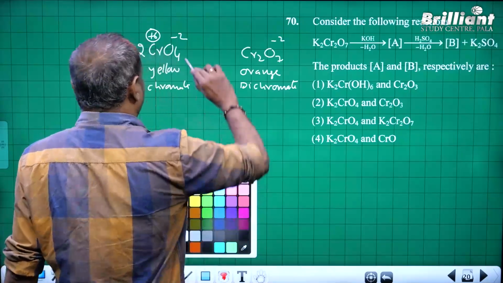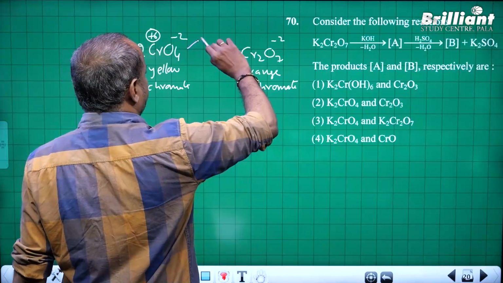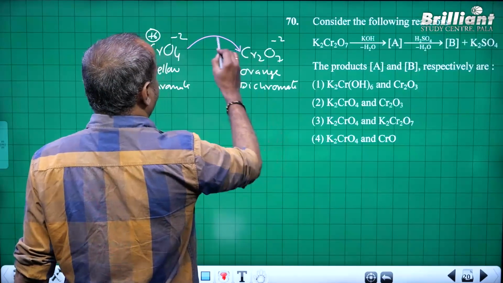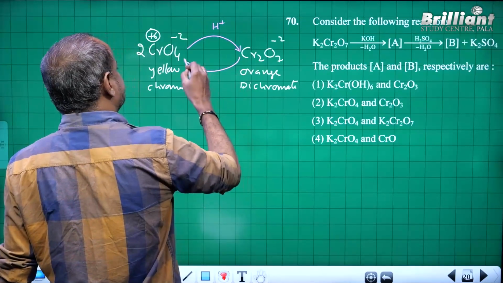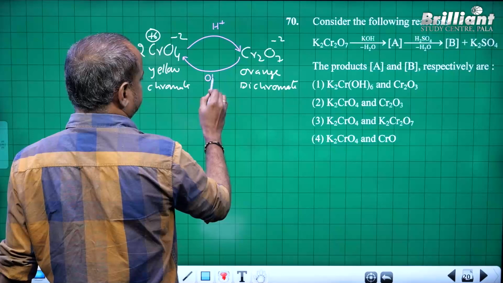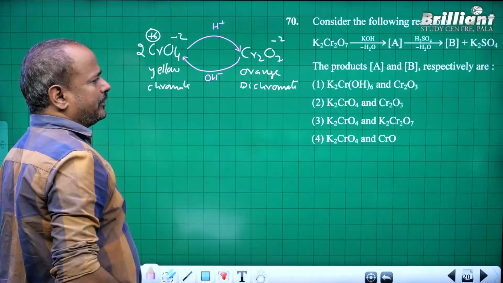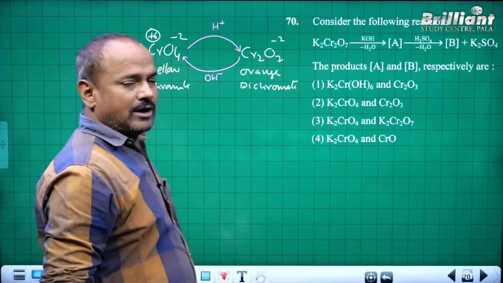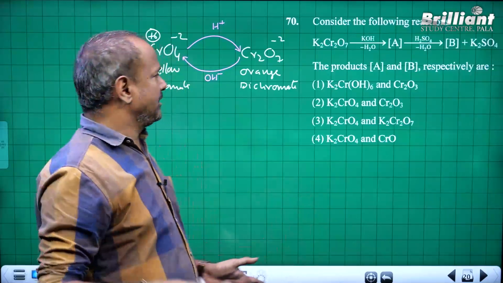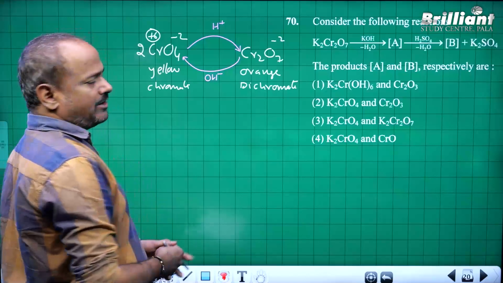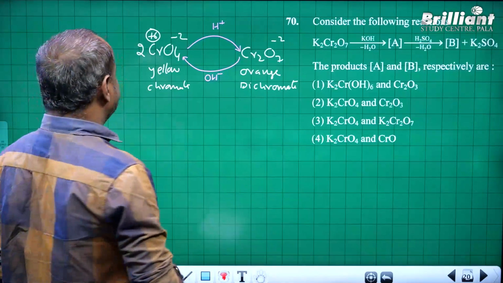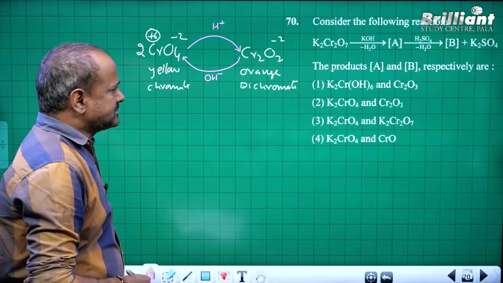Chromate converts into dichromate in acidic medium, and dichromate converts into chromate in the basic medium. That is why potassium dichromate or any dichromate is not available in the basic medium; they convert into chromates. At pH 7, neutral, it is 50-50: 50% chromate and 50% dichromate.